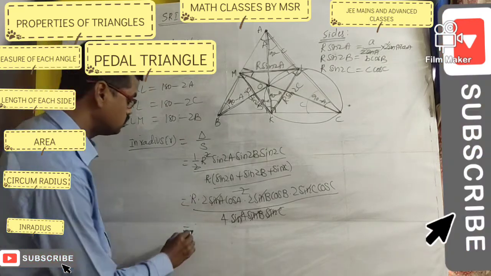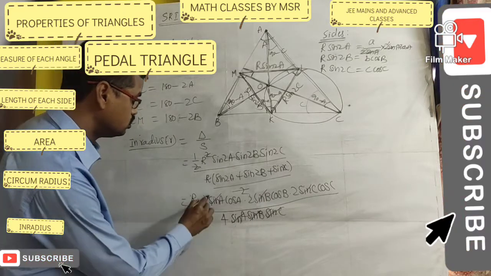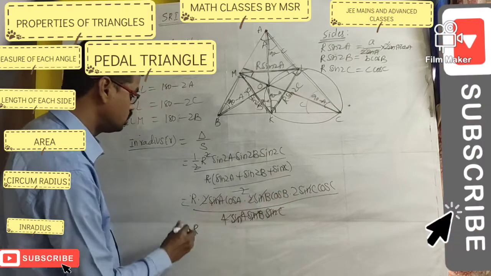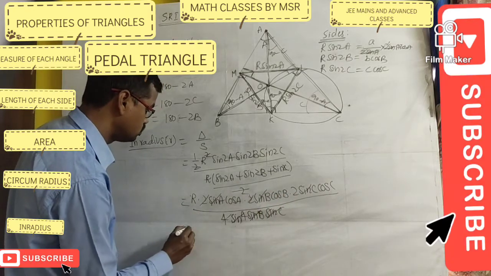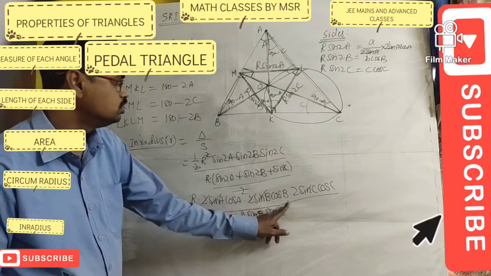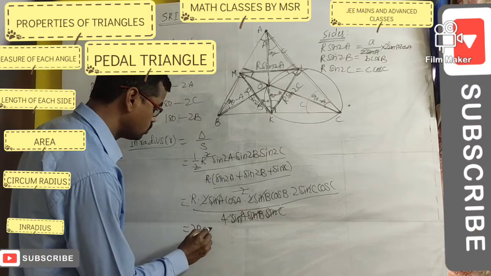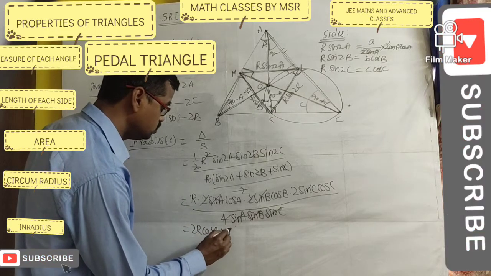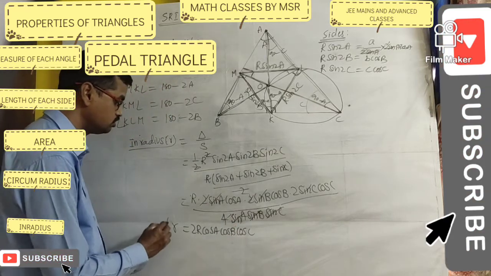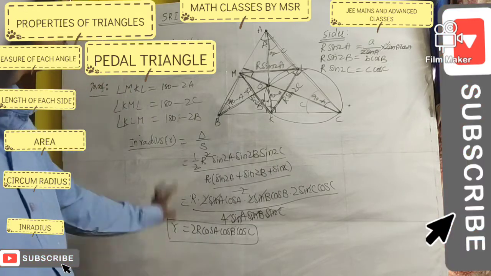Here R is there. Again 2 twos are 4. So what is left is 2R cos A cos B cos C. This is the inradius of the pedal triangle.